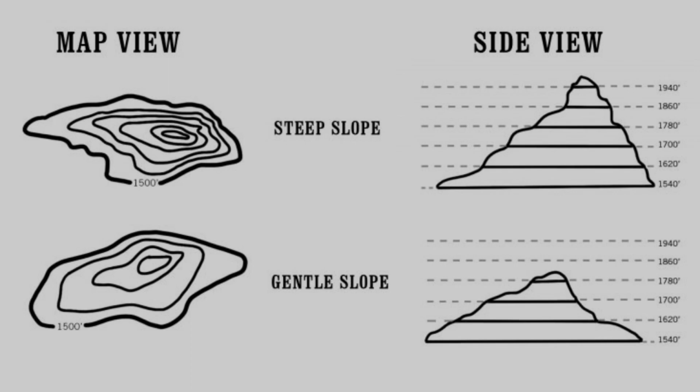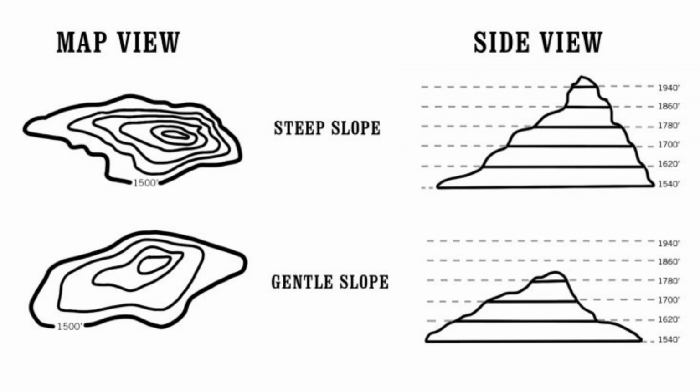So topographic maps show us changes in elevation, and specifically they also show us the specific changes in elevation for landforms using a two-dimensional format. So this is a way for us to understand what's happening three-dimensionally with a two-dimensional tool.